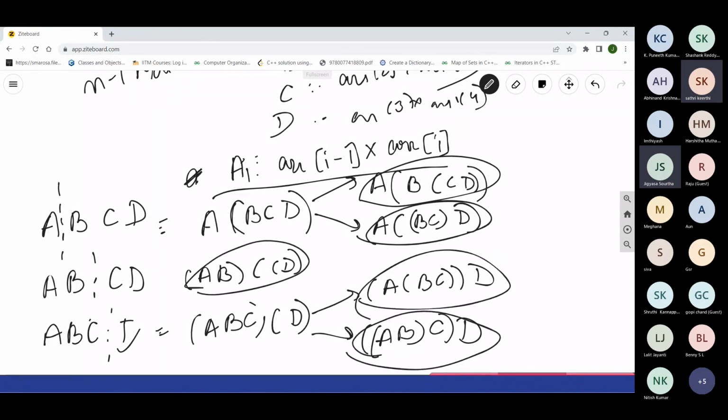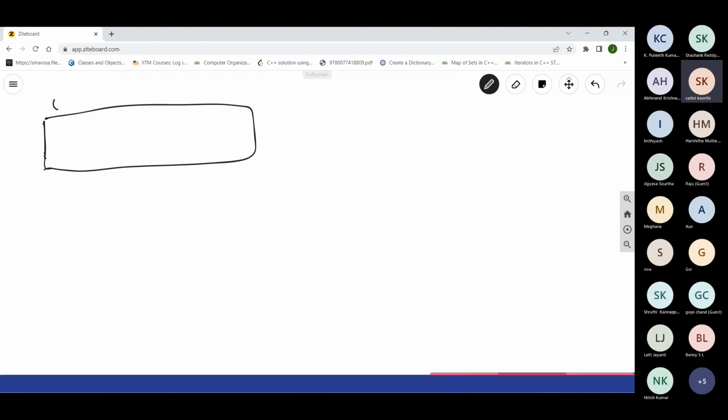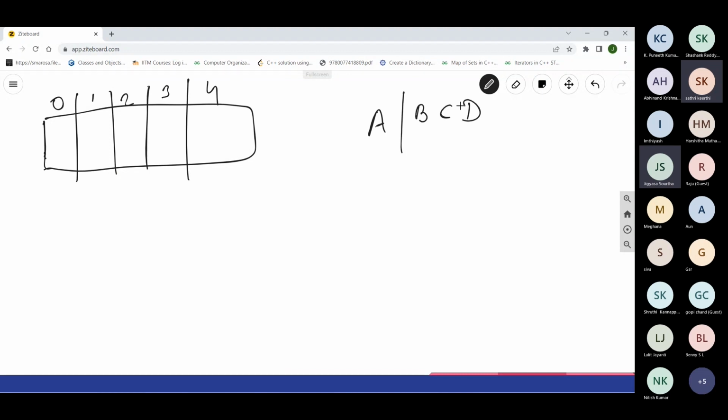This is how this works. If you look properly, in the same way, if you want to split it in the array, how will it work? Let's say for ABCD, you have been given an array. The split would work at 1, because it will be 0 to 1 and 1 to 4.